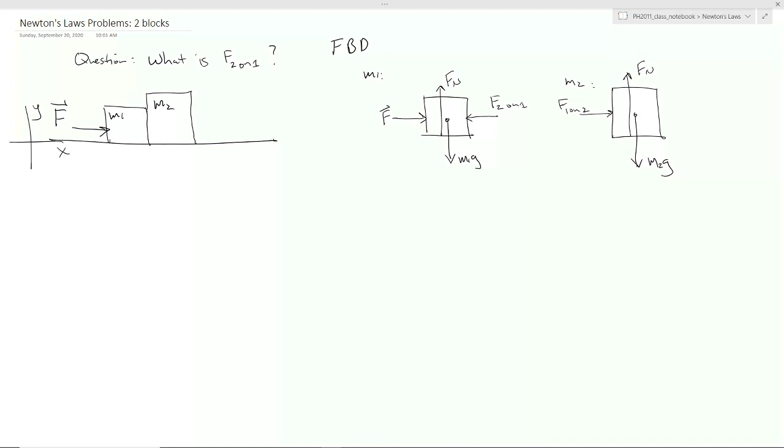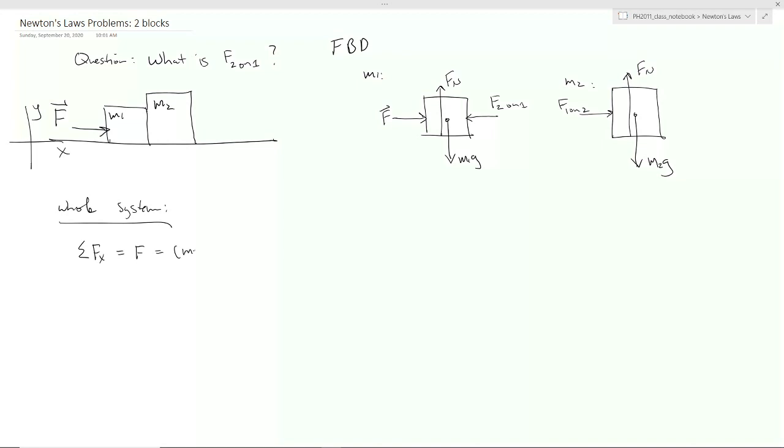Notice we have three things that we can look at. Since these objects are moving together, we can point out that the sum of the forces, and specifically we're concerned about x because the system is not accelerating in y, the sum of the forces in x is F, and we know that's going to equal the mass of the system times the acceleration.